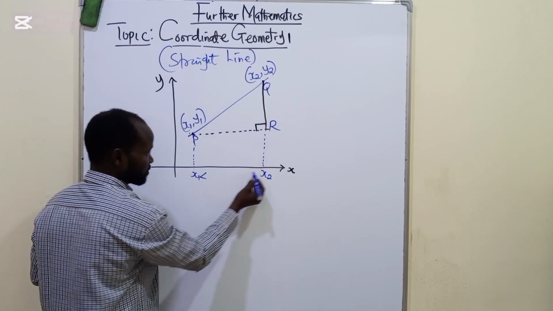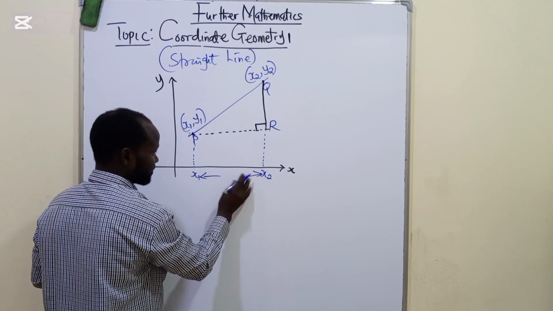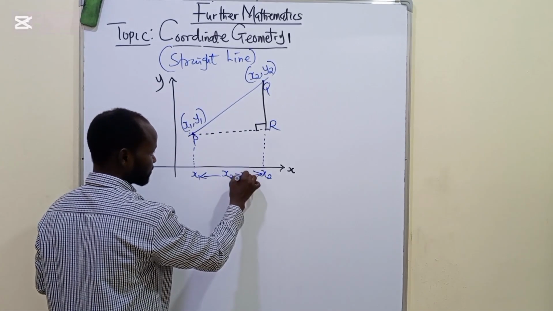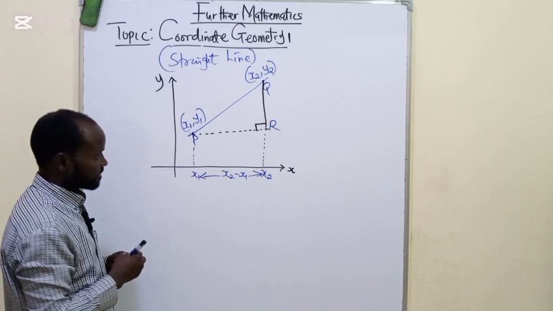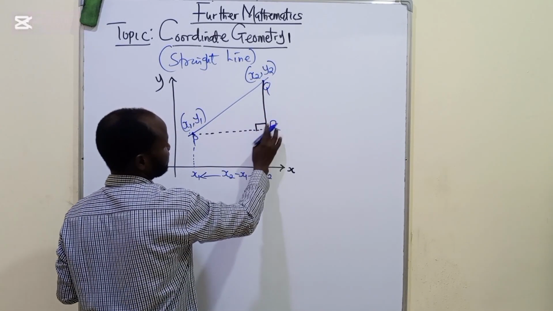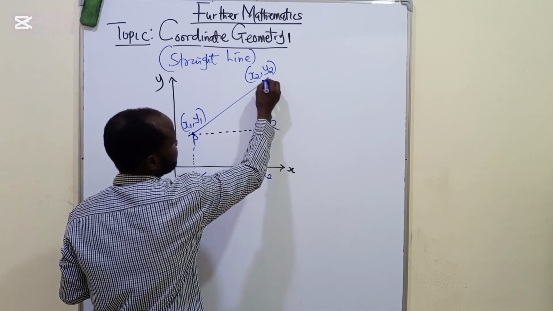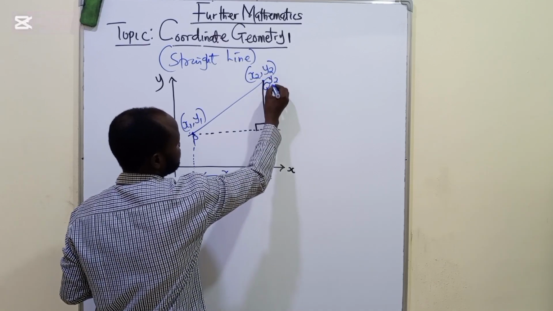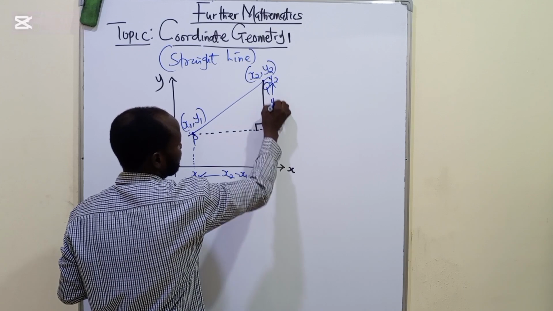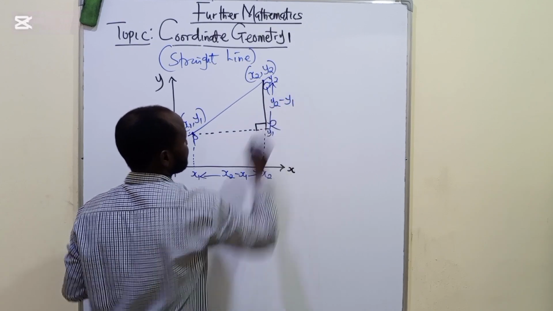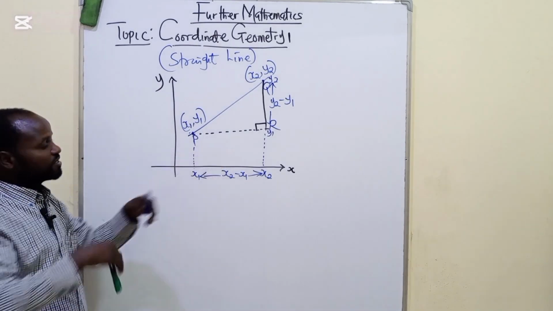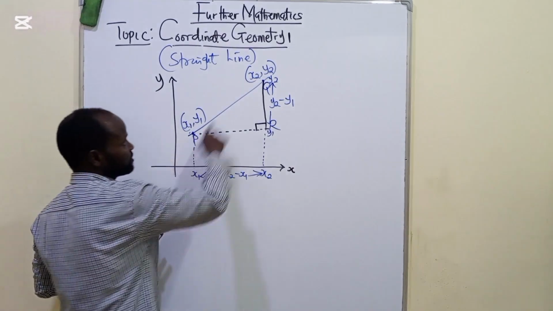So the distance between x2 and x1 will be x2 minus x1. That's the increase in x. Very important. What about this here? We'll have y1 here, then at this point, y2. Then the distance will be y2 minus y1.